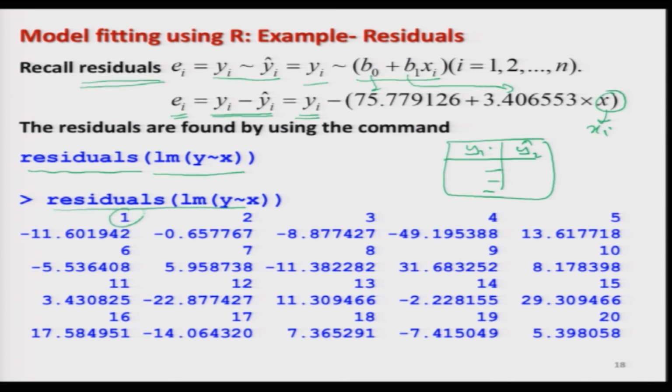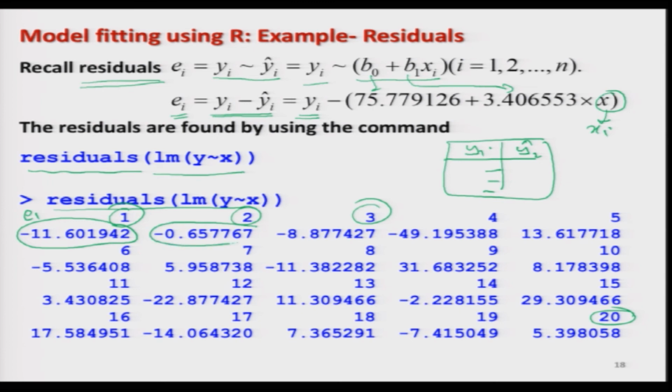Here again you can see the numbers 1, 2, 3, 4 up to 20, these are the 20 observations on the residuals. The first residual, that means y1 minus y1 hat, this is E1, which is minus 11.60.